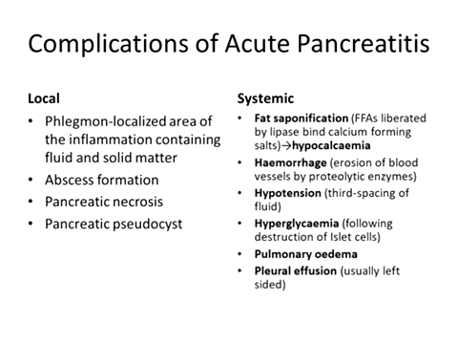If this localized area becomes infected, an abscess can form, and this in turn can be followed by necrosis. So you can consider the first three local complications as a stepwise progression.